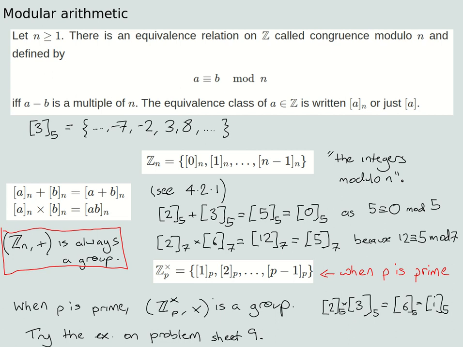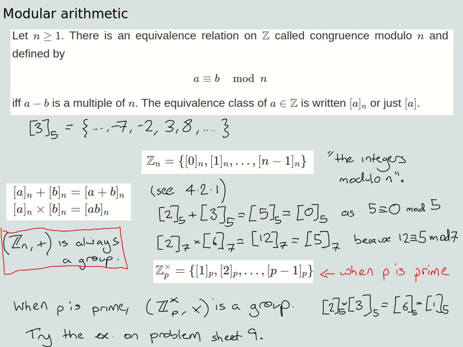But of course the class of 1 will be the identity element in this group. When you multiply anything by the class of 1, you don't change that thing. So what we found here is an inverse for 2 and an inverse for 3. Namely, 2 is the inverse for 3, and 3 is the inverse for 2. Okay.